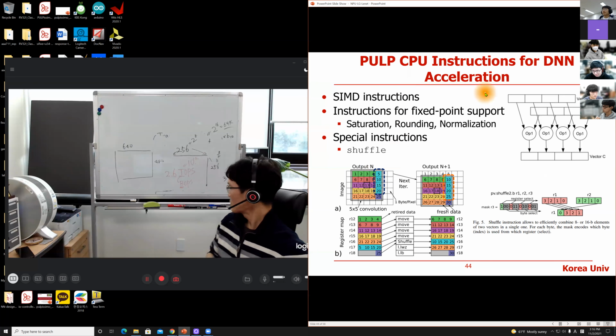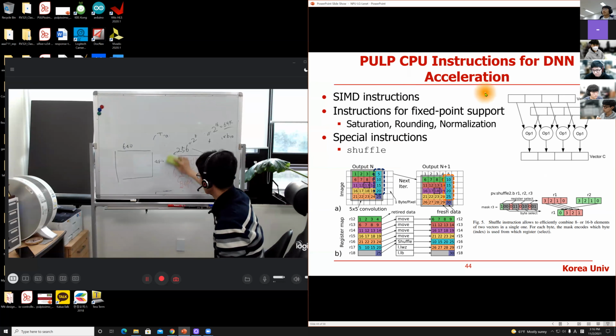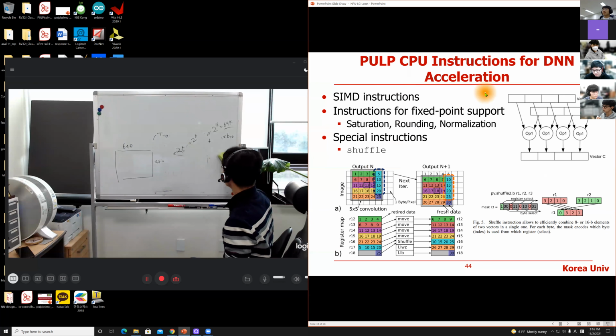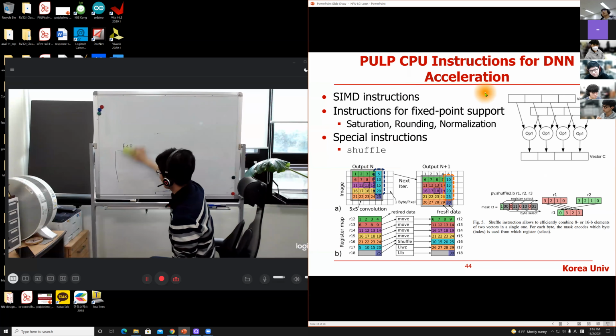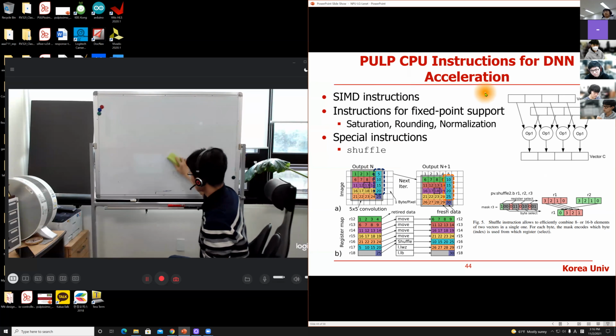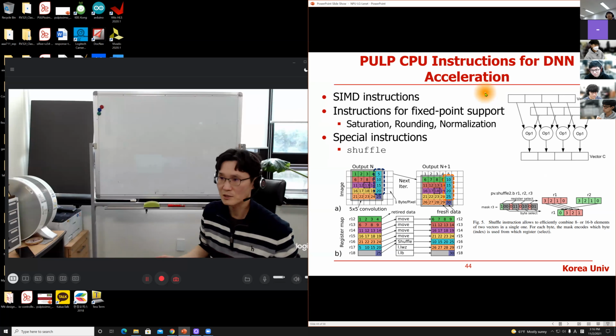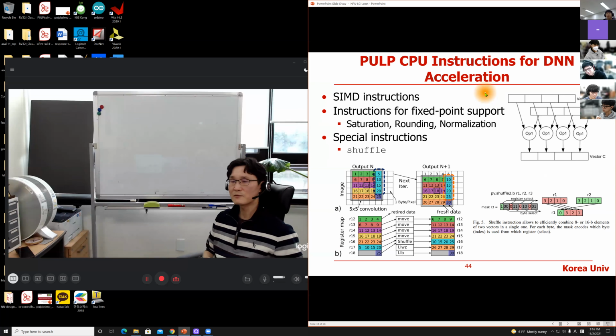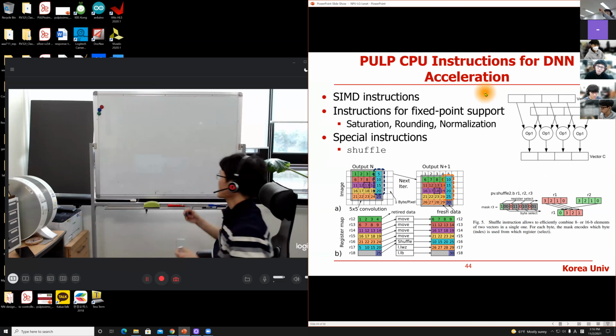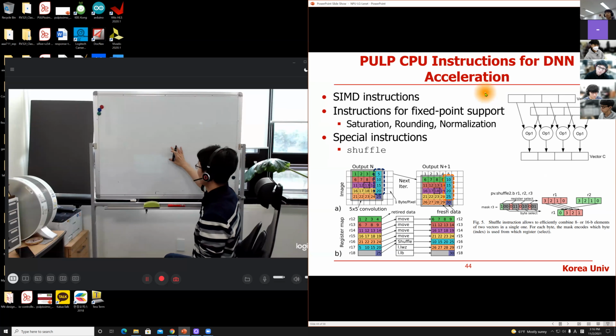If you know RISC-V, RISC-V is the open source instruction set architecture, right? So it is free of charge. Everyone can use RISC-V, and it is based on instruction extension.